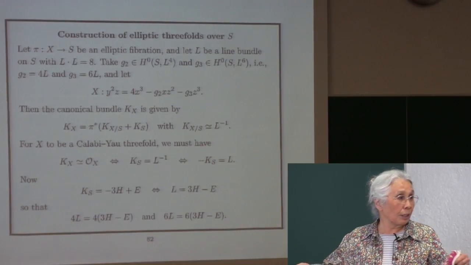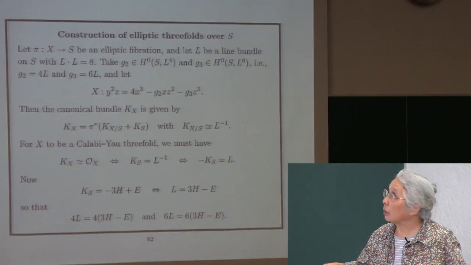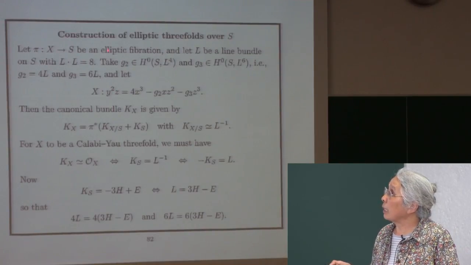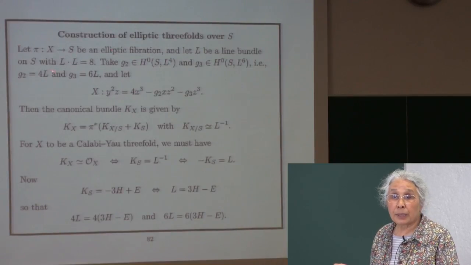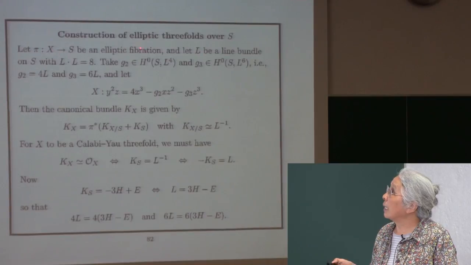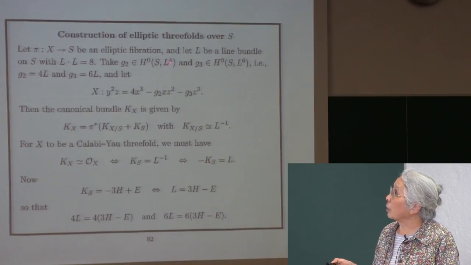I want to construct a Calabi-Yau over this surface. So what do you do? I want to take an elliptic fibration over this surface S, the del Pezzo surface, and let L be a line bundle on S, and then you consider the global sections.